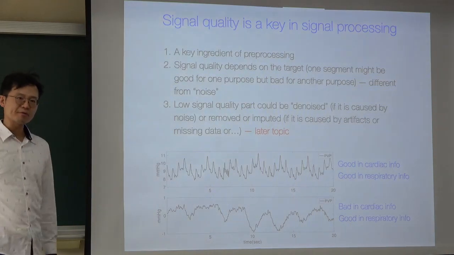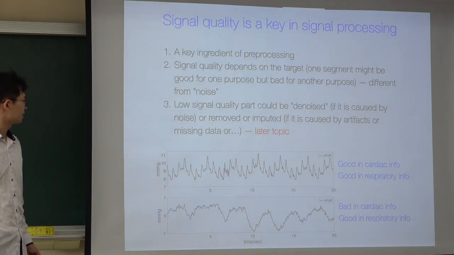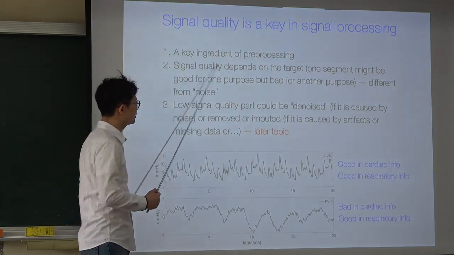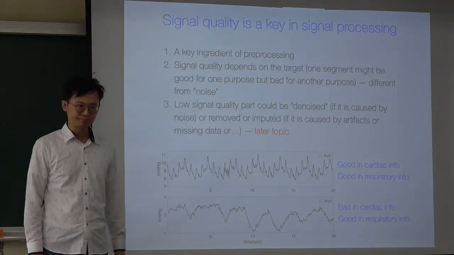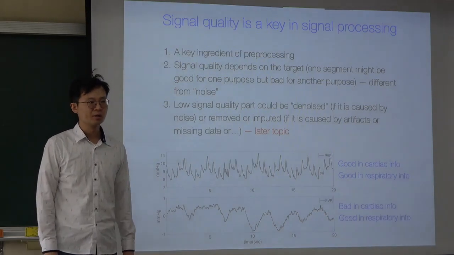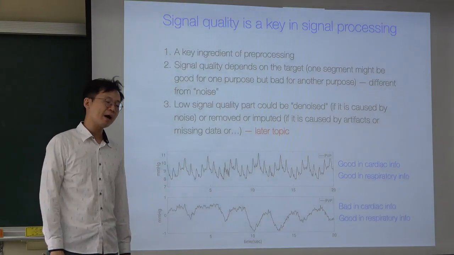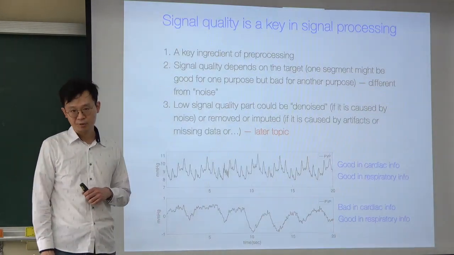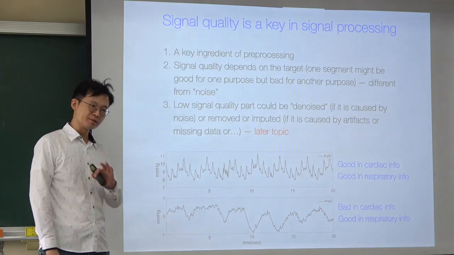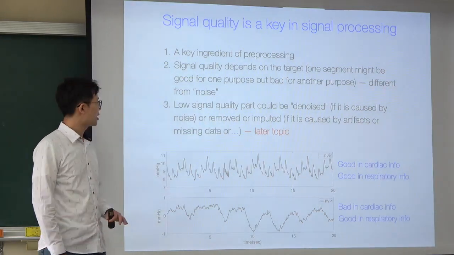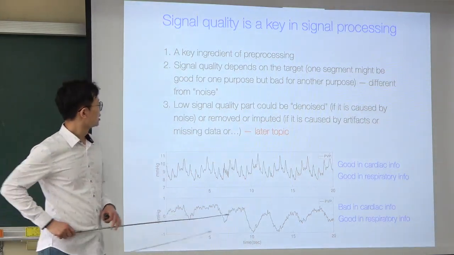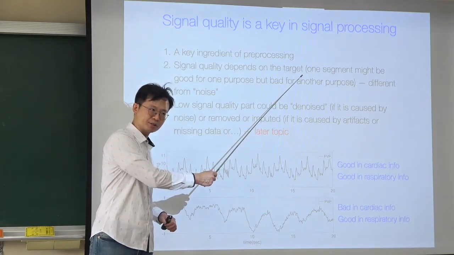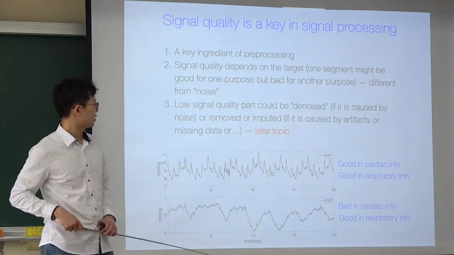But one very important concept here is that signal quality actually depends on the target, depends on your mission. I personally believe there is no universal quantity that can tell you everything. There is nothing like that. Actually, depending on the mission, depending on the quality we have interest in, we design some signal qualities.